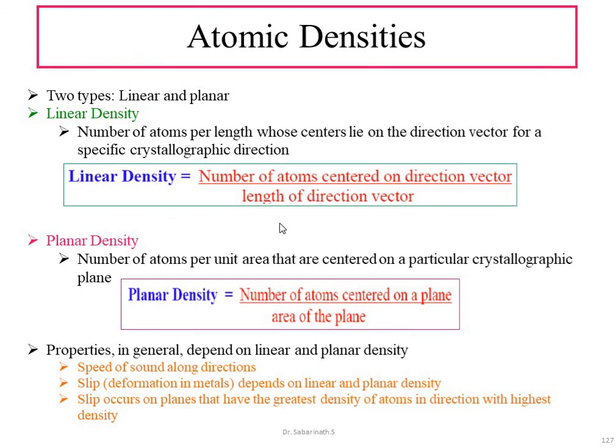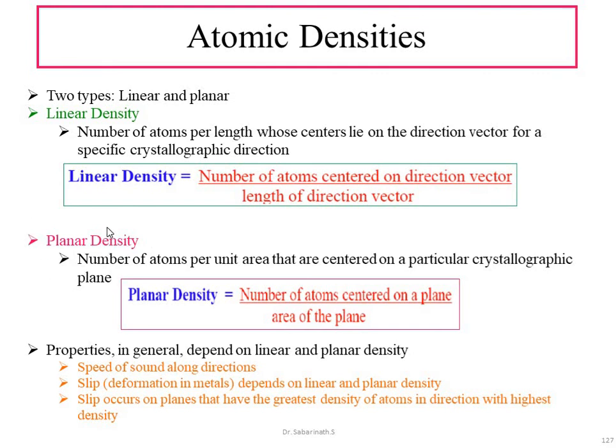The linear density is given by this equation: the number of atoms centered on a direction vector, that is, if we consider a vector and see how many atoms lie on that vector or in that direction, divided by the length of the direction vector.